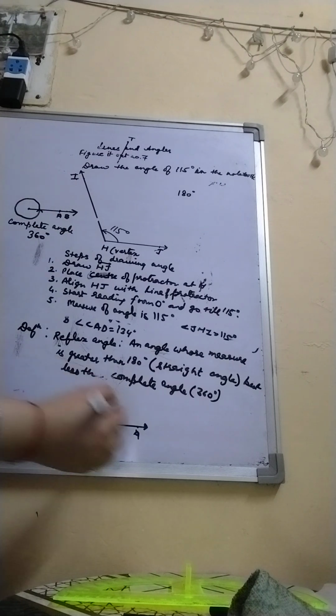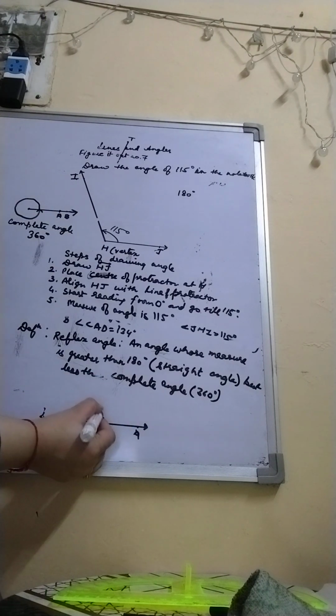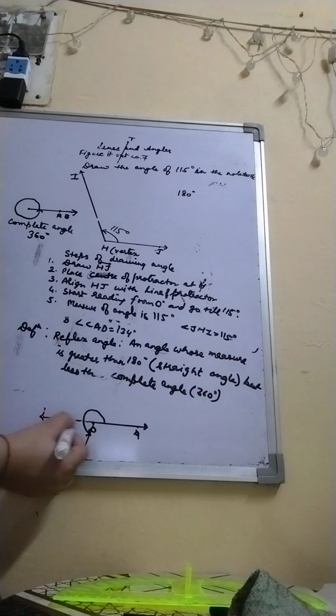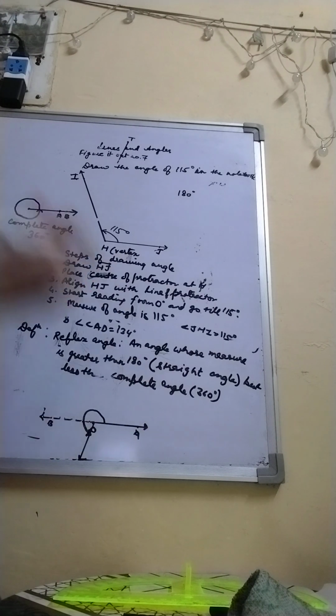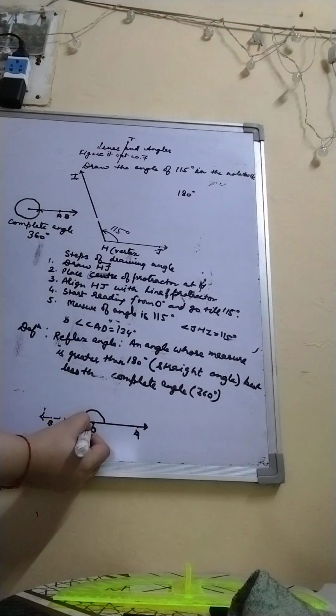So what is reflex angle? It starts from OA, it goes till straight angle, it doesn't stop there, more turning is done and it is greater than 180 degree and less than 360 degrees. So this is the marking of reflex angle.